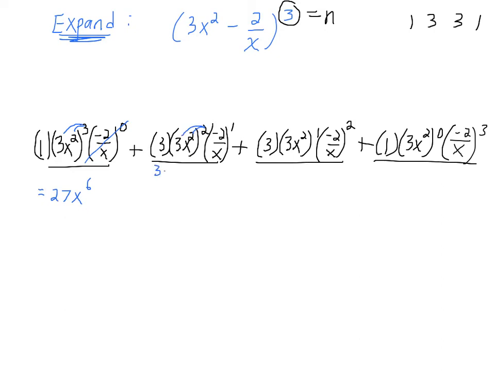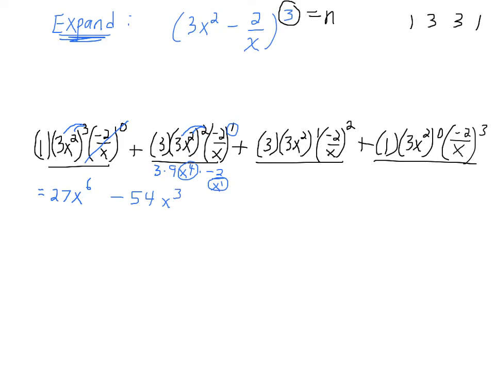Then we're going to have to square these parts, so you're going to have 9x to the 4th, and then times this negative 2 over x. It's just raised to a power of 1, so that's not going to change it at all. Well, that's going to give us a minus 54, and then this x to the 4th is going to be divided by an x, really to the 1st, and so that's going to become x to the 3rd.